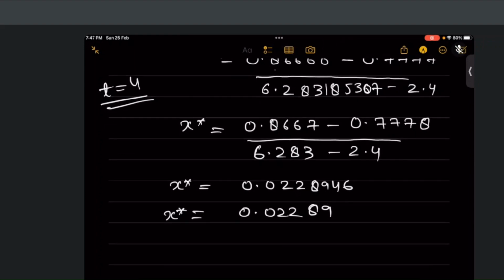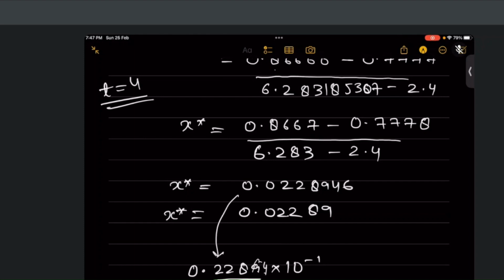Because when there is a 0 here, you don't round off that. The first digit should be non-zero. So what you do here is that you put it as 0.22892 into 10 to the power minus 1. Then you see what is the fourth digit. The fourth digit is 9. So again, it will not change, because after that you have 4, and 4 is less than beta by 2.